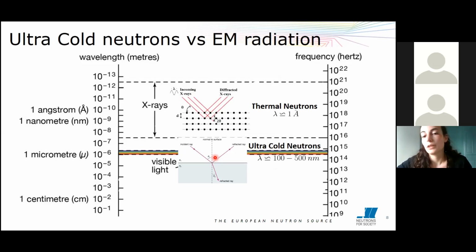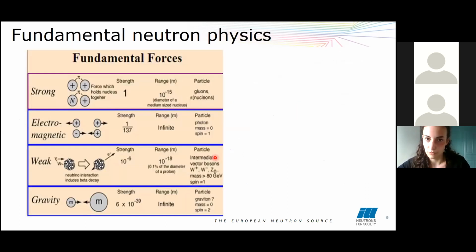So what could we do with this kind of neutrons? The main application is in particle physics. Here I show a table with the four fundamental interactions. You can see in the second column, the strength, which is the coupling constant of every interaction. For the four, it can vary a lot, from the strong interaction, which is strong, to gravity, which is totally weak compared to the strong.